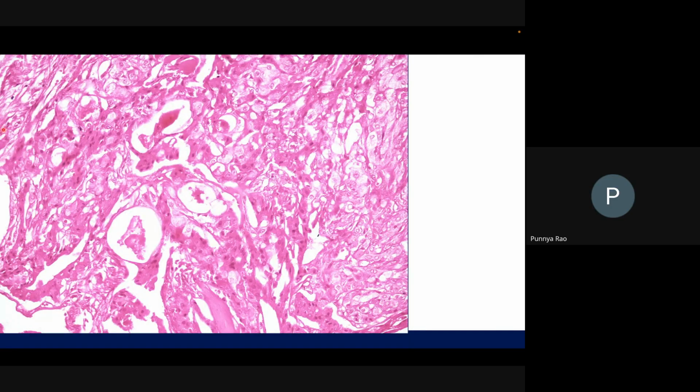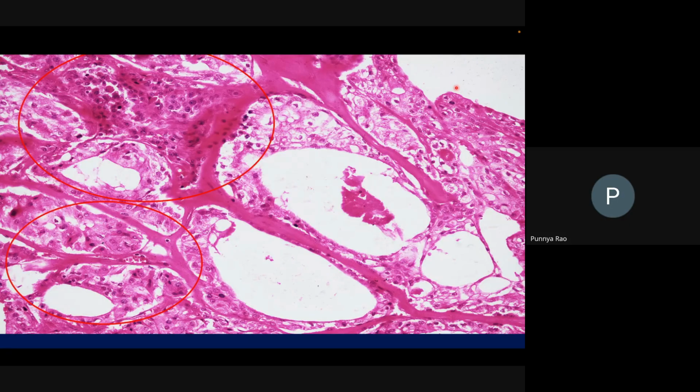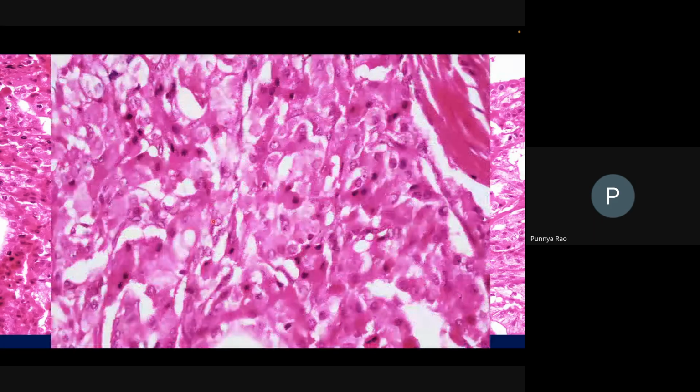Again, here I think this is a better picture where you can see some of them are separated, and you can see the granularity again, the granular cells. So these are all oncocytes. Almost more than 70% of the tumor, apart from the mucous cells and epidermoid cells, had these oncocytic cells. So we gave a diagnosis of an oncocytic mucoepidermoid carcinoma.